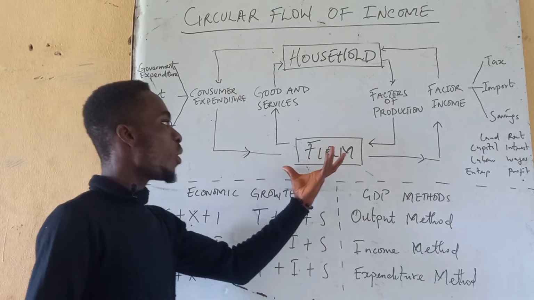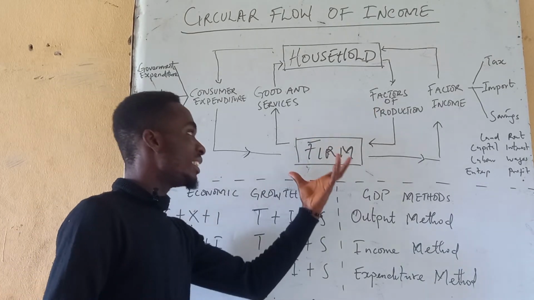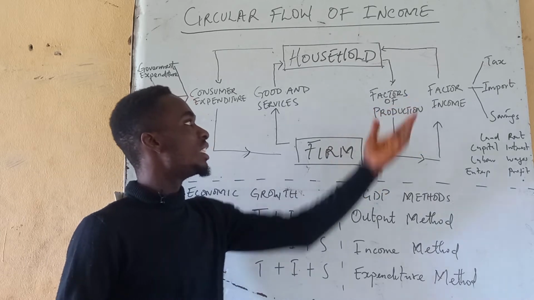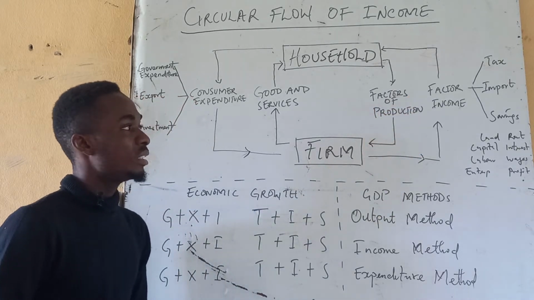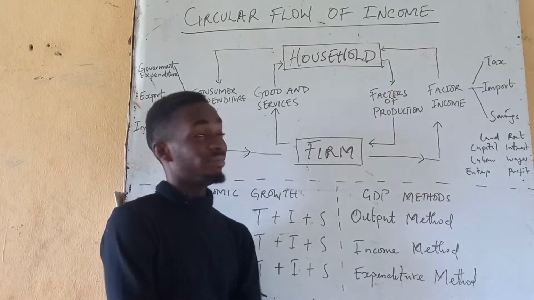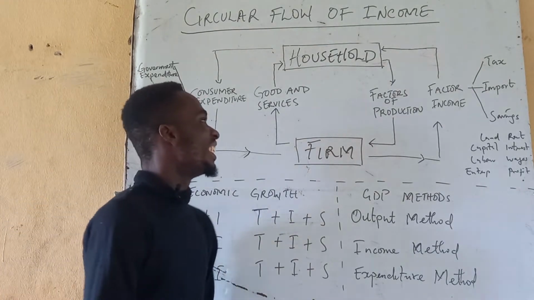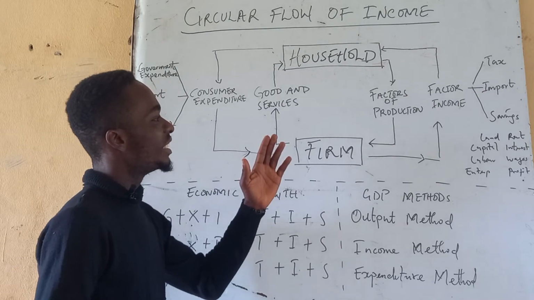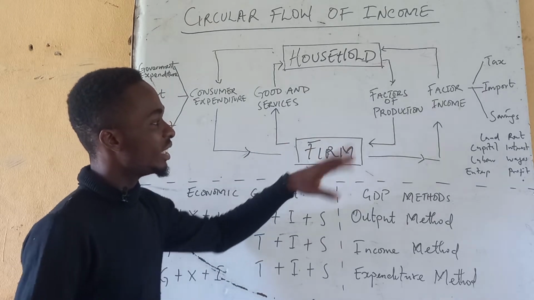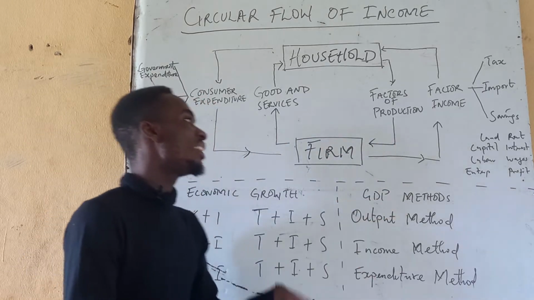In reward for the factors supplied, the firm rewards the household, and the reward is called factor income.